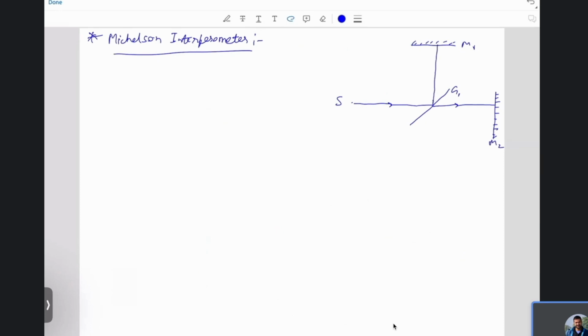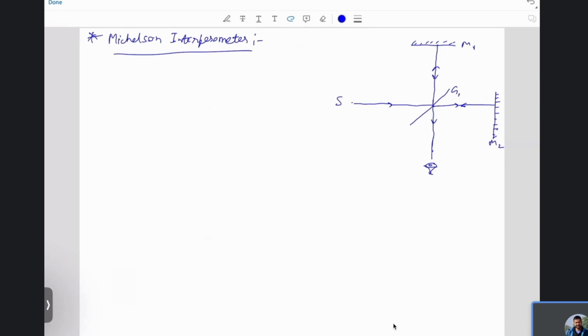So some of it will go like this and then return back, and then from here also this will return back and go like this. Okay, and suppose here you are observing.